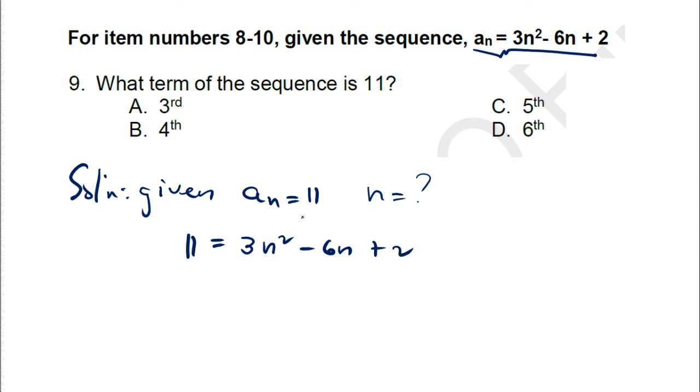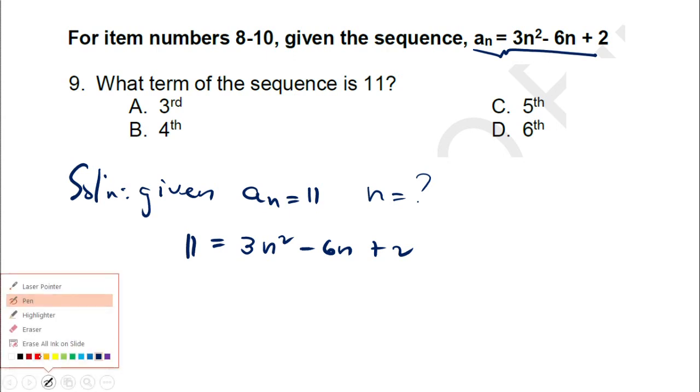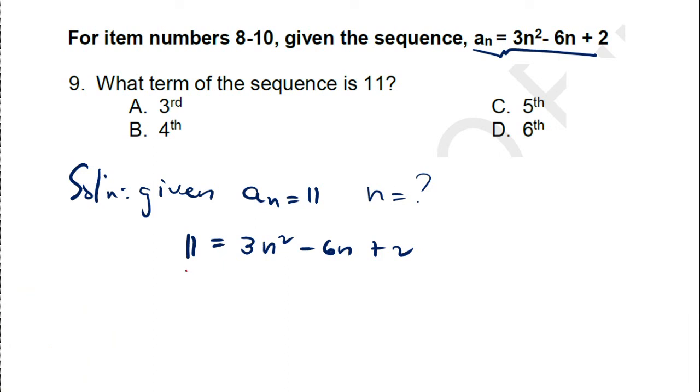Next, we're going to combine like terms. We're going to transpose 11 to the right side, or subtract both sides by 11. We get 11 minus 11 equals 3n squared minus 6n plus 2 minus 11.